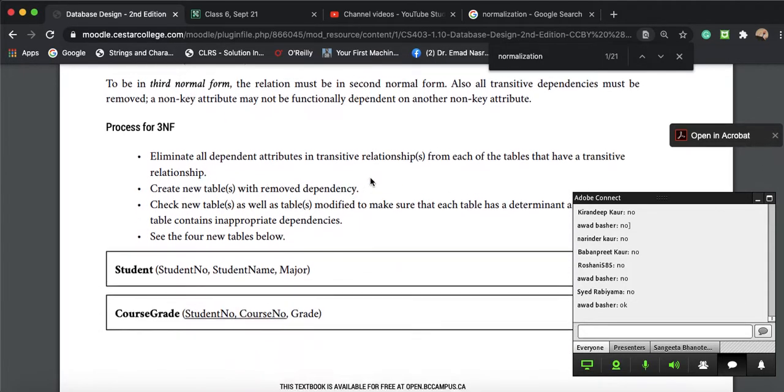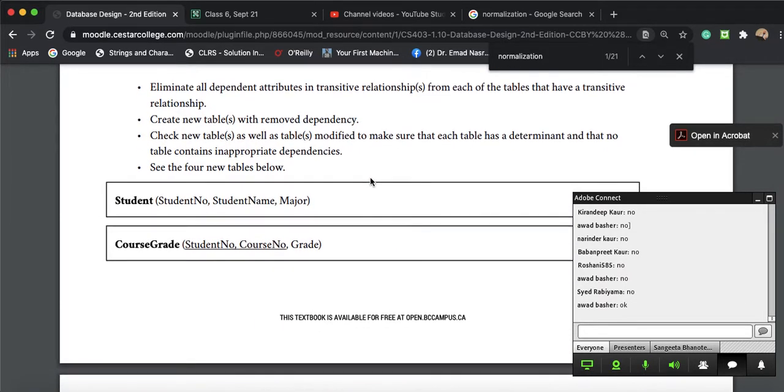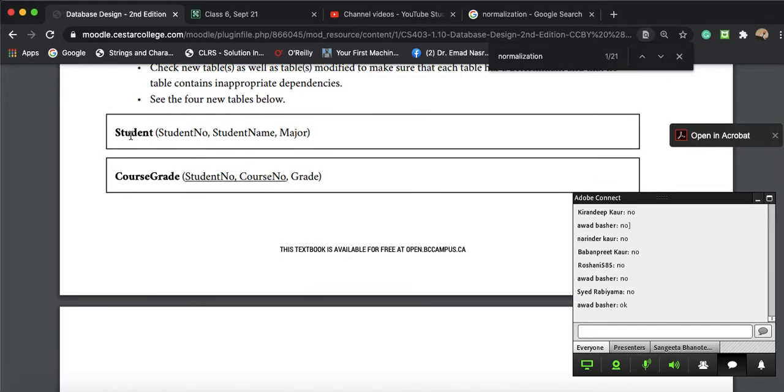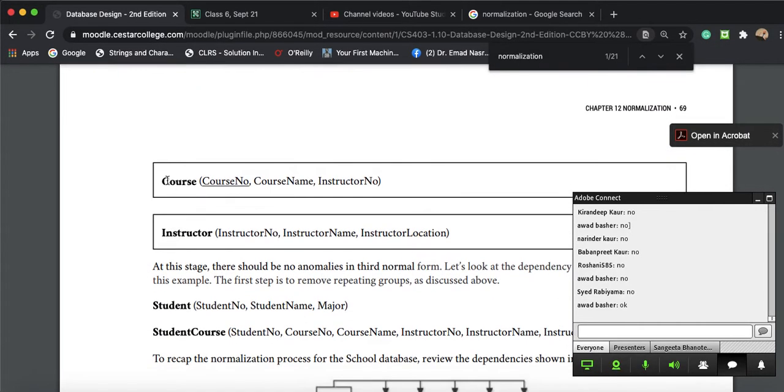So we will have, from the beginning, student, course grade, course number, course name, instructor number. Here, instructor number, instructor name, and instructor location. Here, the primary key is the course number. The primary key is the instructor number.